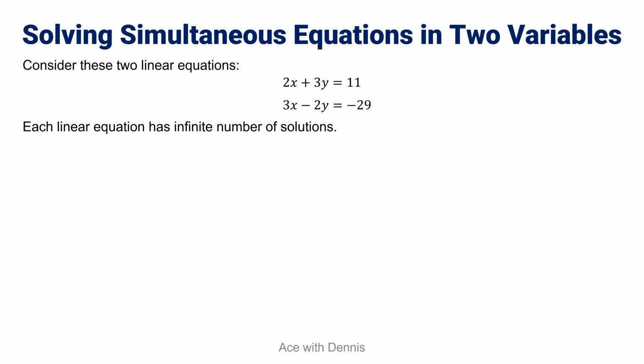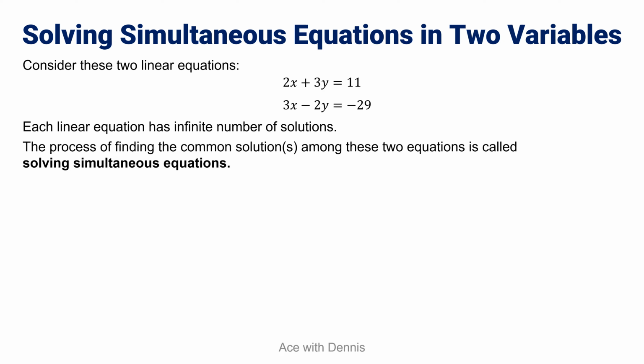Each linear equation has infinite number of solutions because any point that lies on this linear graph will be a solution of the equation. So there are infinite number of points lying on the straight line, hence we have infinite number of solutions. The process of finding the common solutions among these two equations is called solving simultaneous equations.